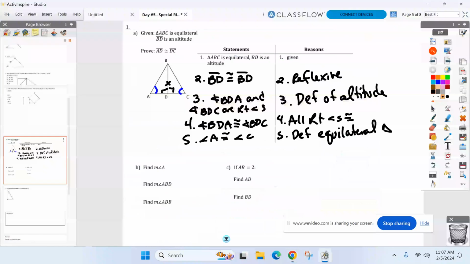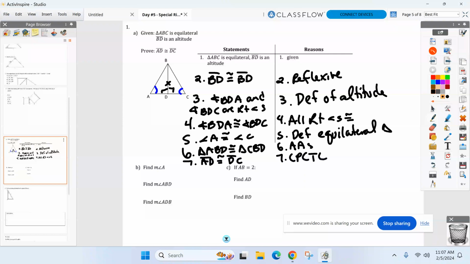With the reflexive side, my right angles, and A and C. You got it. Good work. Triangle ABD congruent to triangle CBD. Angle, angle, side. And then we're going to finish this off with AD congruent to DC because of, let it roll off the tongue, CPCTC.